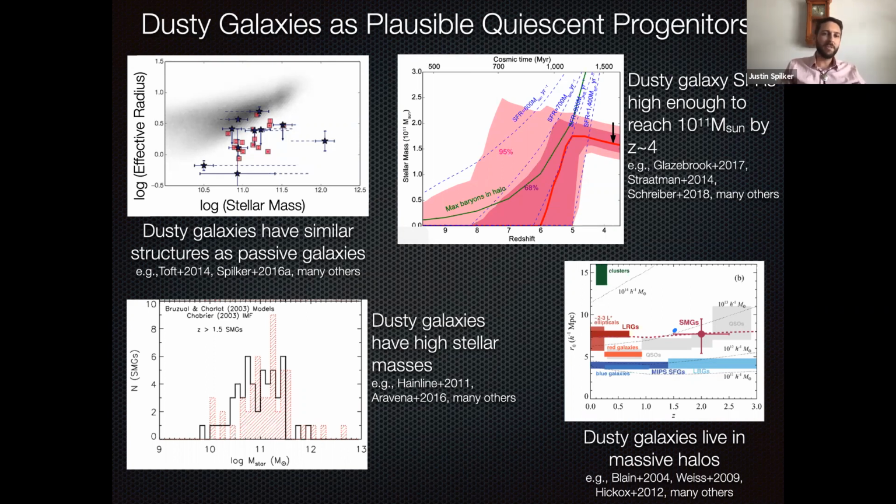If you put together that 2 billion years with the stellar masses that we observe, you require extremely high star formation rates to produce those massive galaxies so early in the history of the universe. From that and a lot of other circumstantial evidence, we think these highly obscured galaxies must be the progenitors of the earliest quiescent galaxies.